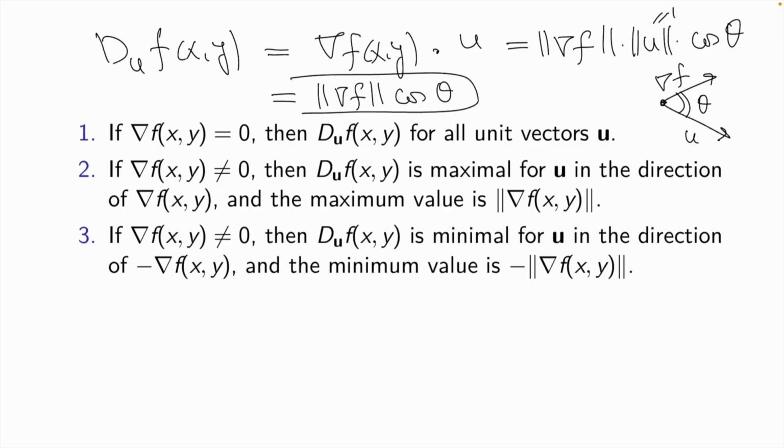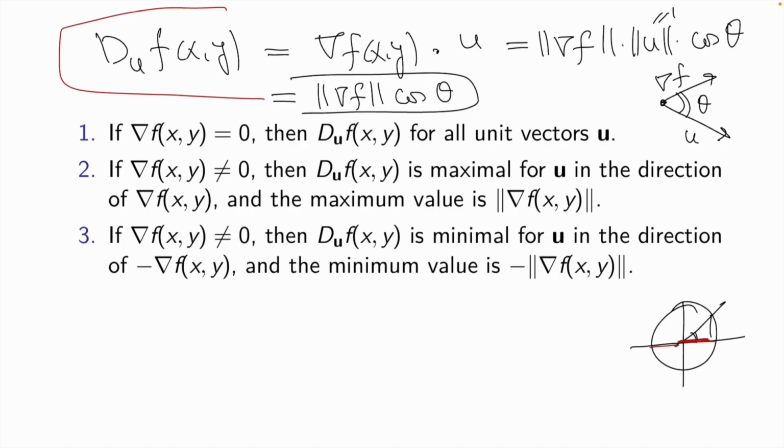And so we also know what the angle is when the cosine is 1, right? If we have a trigonometric circle, this is an angle. We know that this is the sine and this is the cosine. So the cosine equals 1 exactly when the angle is 0, and -1 when it's 180 degrees. So we can study when this derivative is going to be maximal.